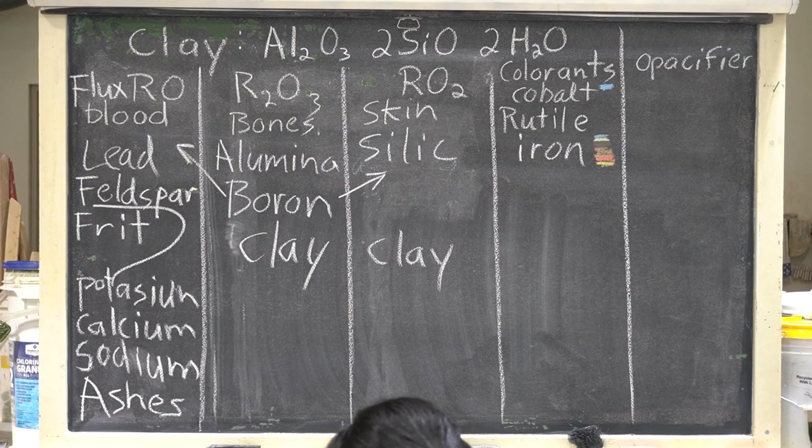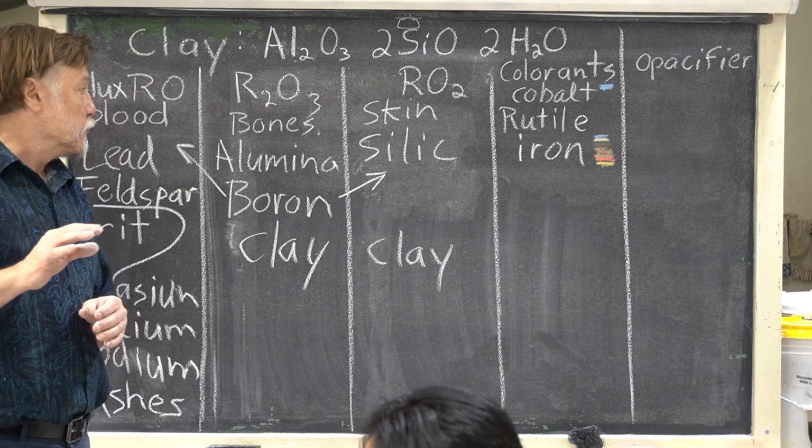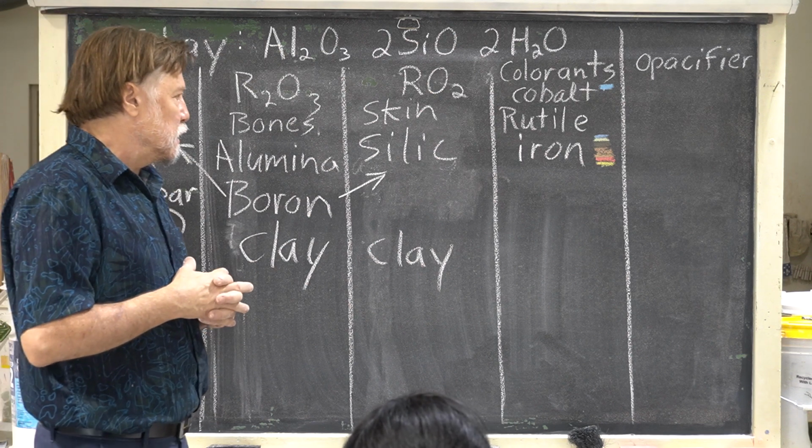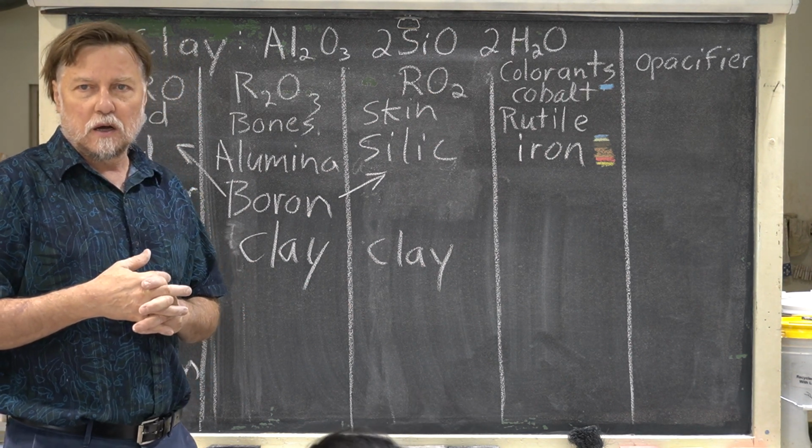Y'all know what a celadon is? Y'all seen Chinese celadons? It's usually a clear glaze. It can be a somewhat opaque glaze as well, but it usually has a little bit of gloss to it, but not always.